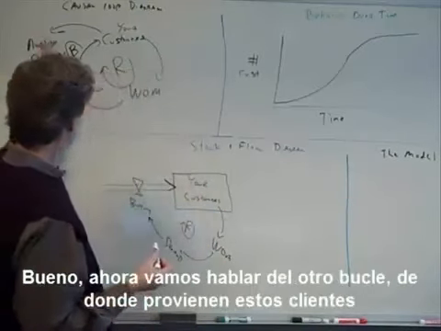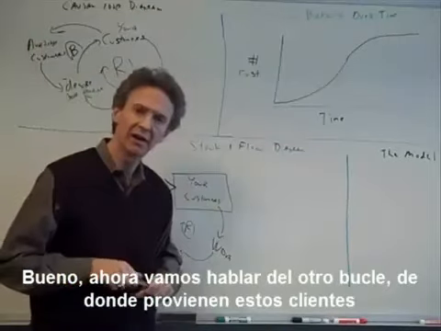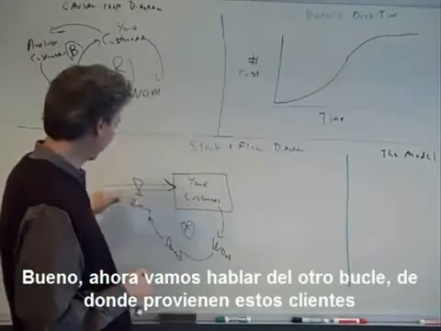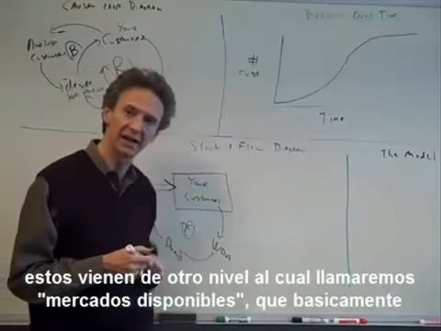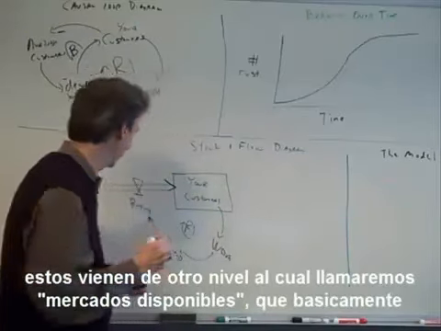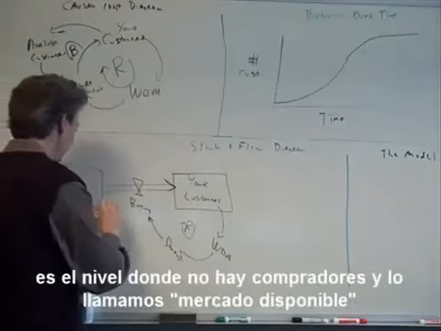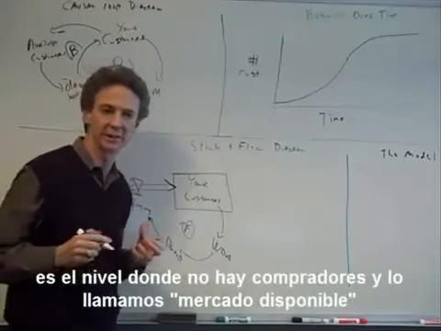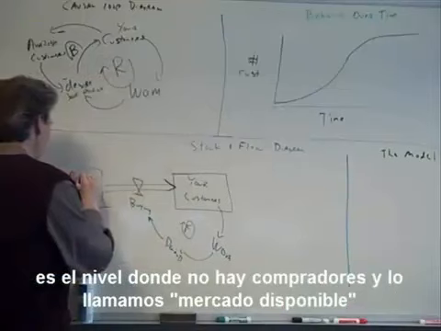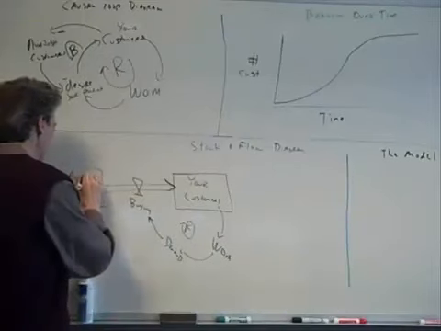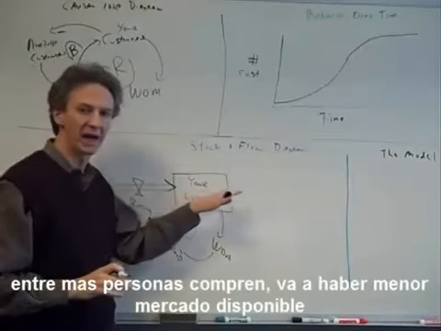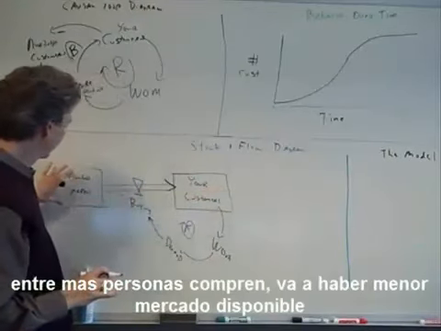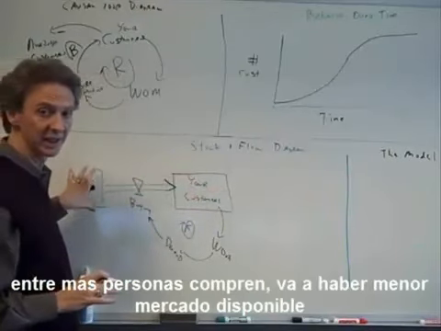Okay, now let's talk about this other loop. Where are these customers coming from? They're coming from another stock, which we'll call available market. It's basically the stock of your non-customers. As more people buy, this is an outflow to this stock. There's less and less available market.